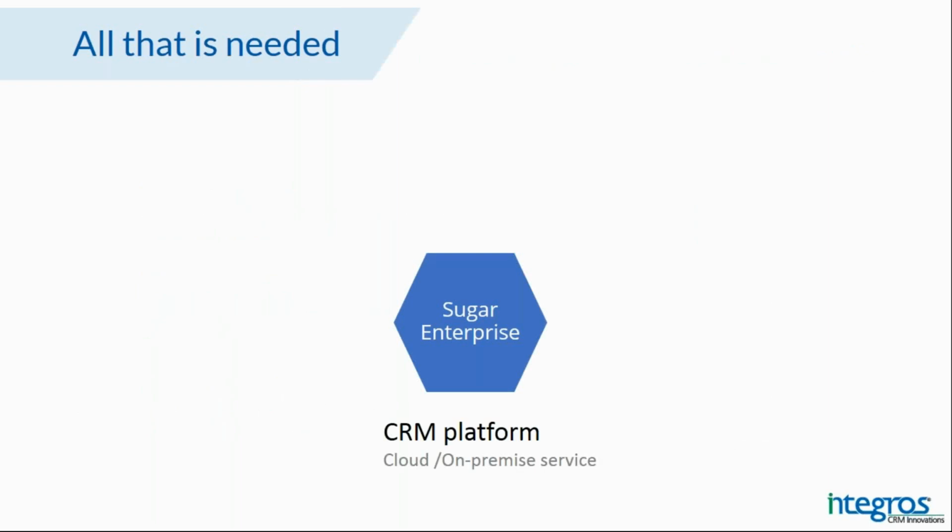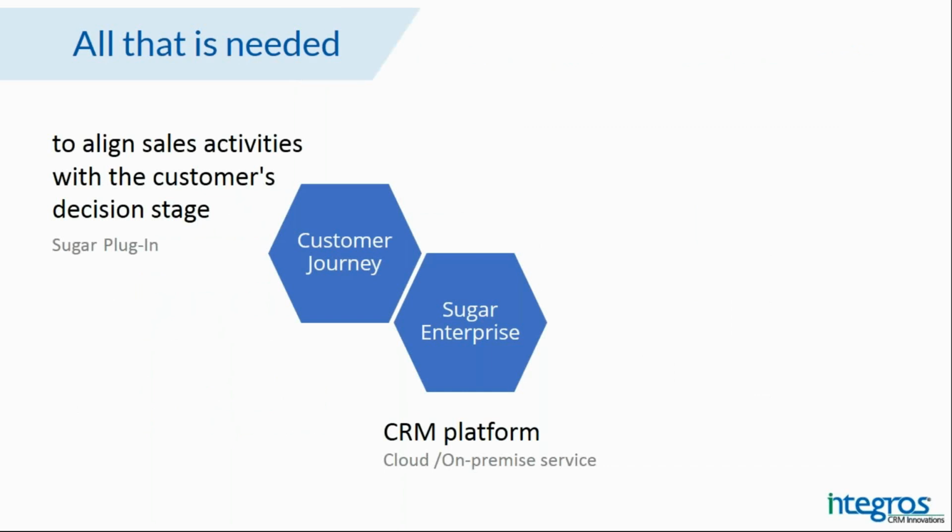What is needed to have it inside your company? Firstly, of course, you need the platform, which is Sugar Enterprise Platform. You can use it either in the cloud, in Sugar Cloud, or on-premise. Also, I leverage Customer Journey for the solution, which helps to align sales activities with the decision stage.